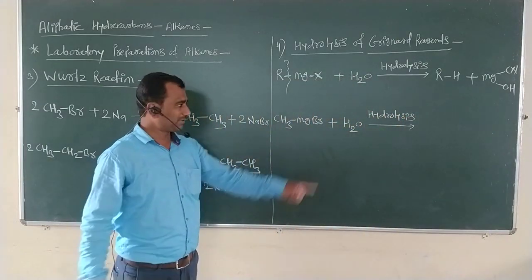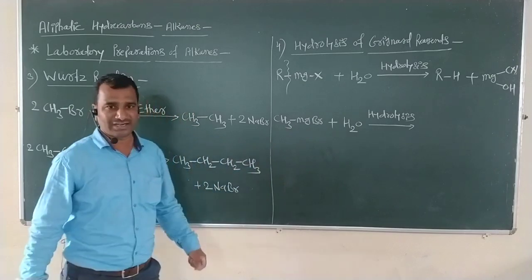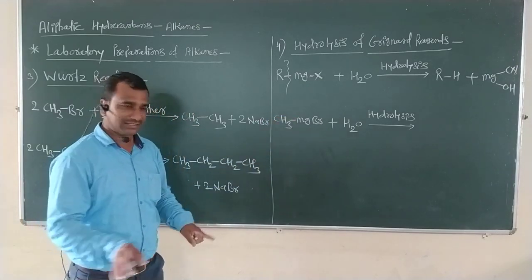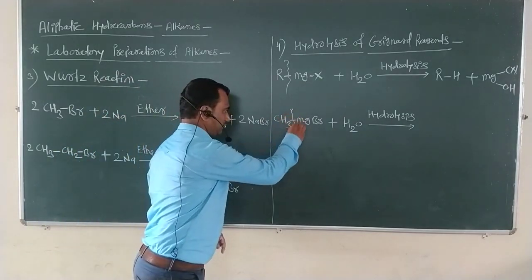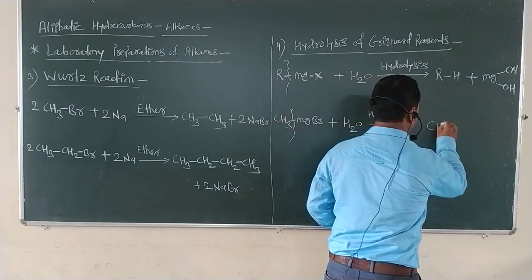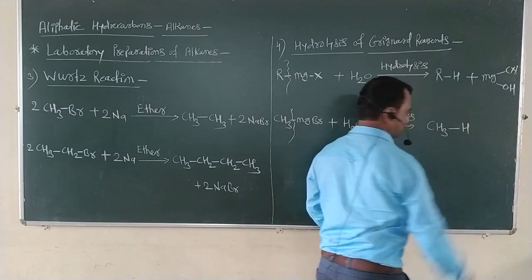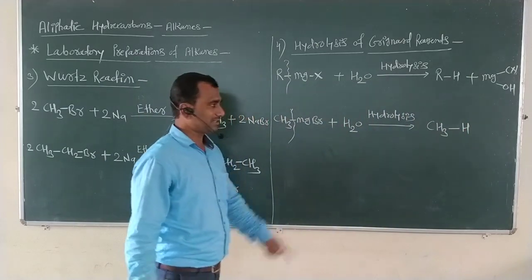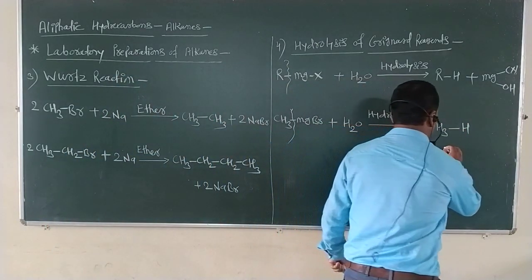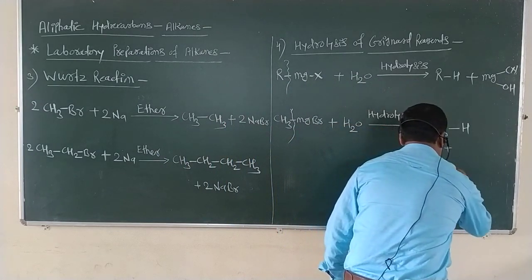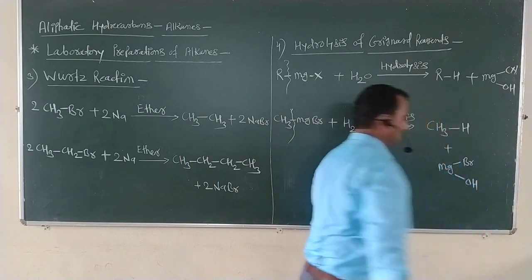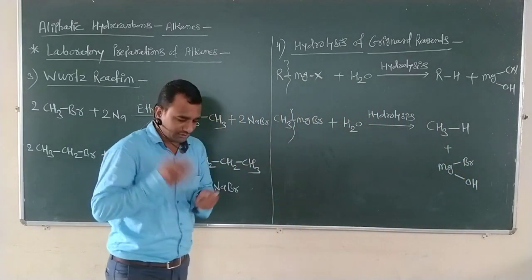Now what happens after the addition of water to this methyl magnesium bromide? Again, you will get the formation of an alkane by breaking the bond between the carbon and the magnesium, and you will get CH3-H, that is nothing but the methane molecule, plus the byproduct MgBrOH.